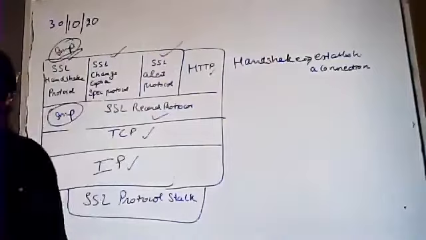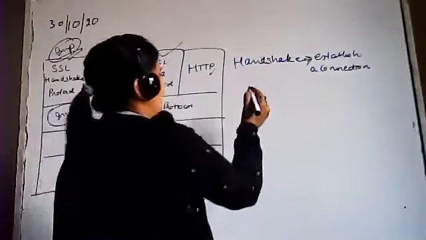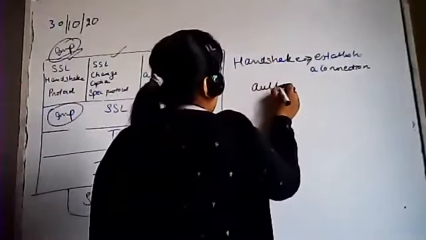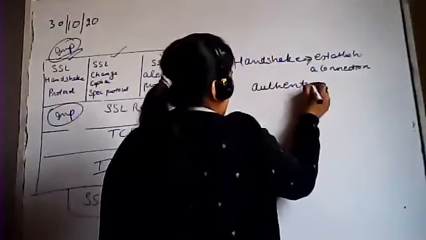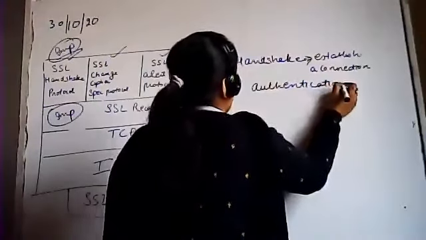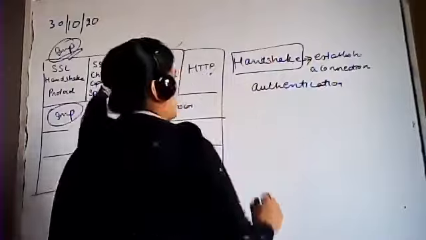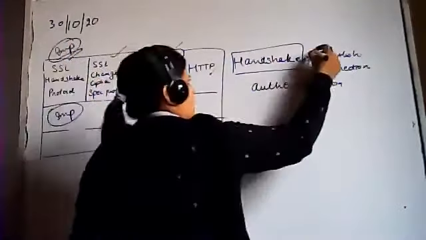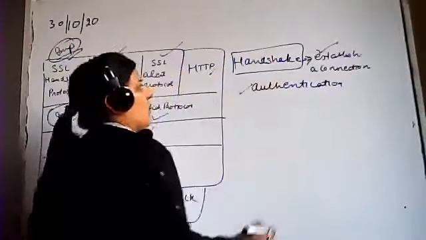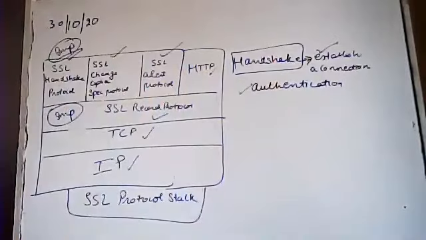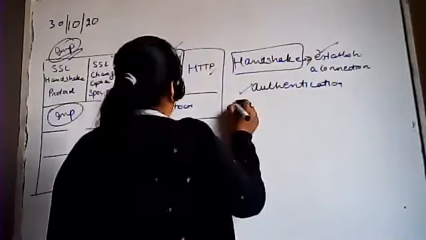Authentication of both the entities is done in this protocol. So it will establish a connection and provide the authentication part. Clear?